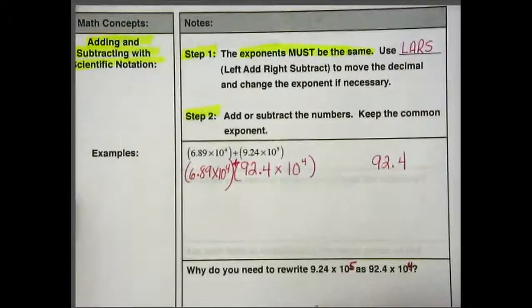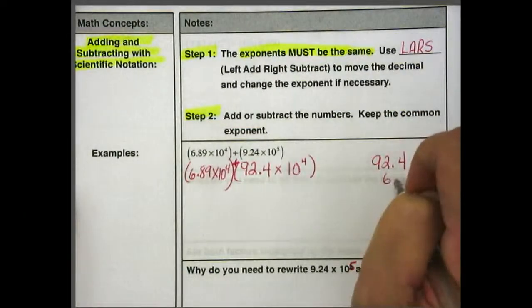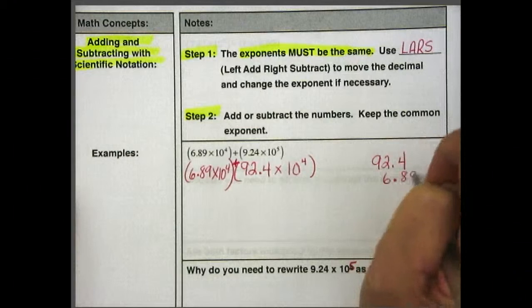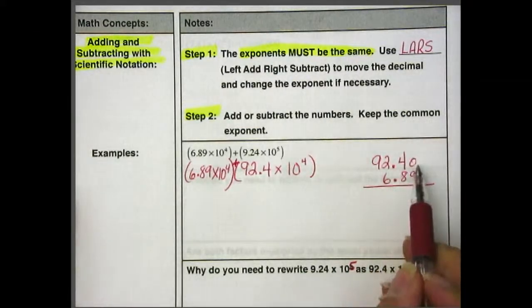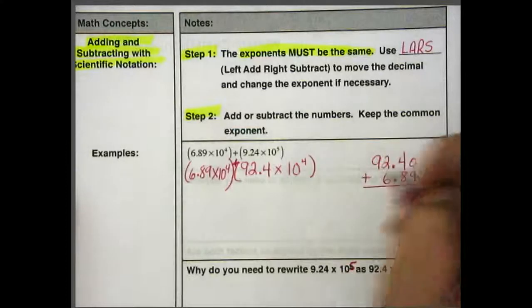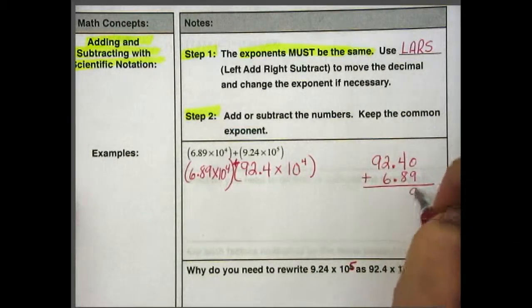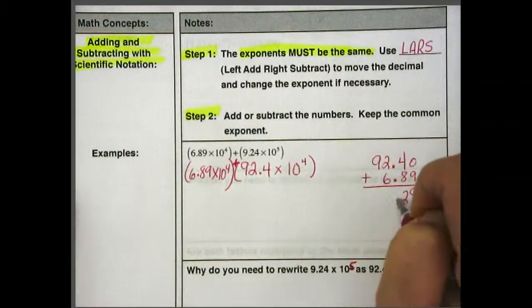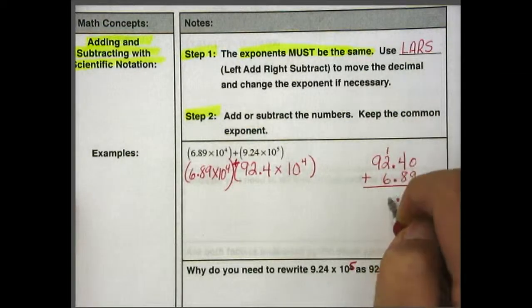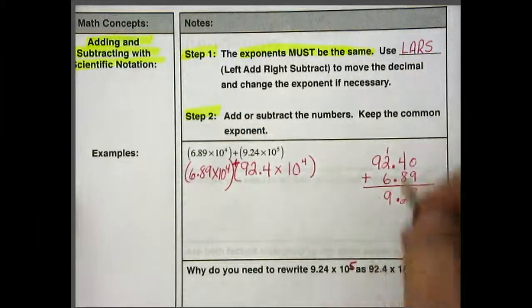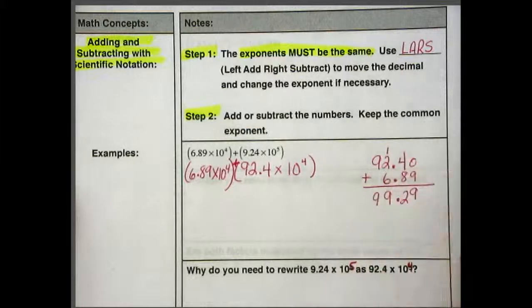So we have 92.4 and we're going to add 6.89. Here we can put a 0 because it doesn't mean anything, it's just a placeholder, and then add them. So 0 plus 9 is 9, 4 plus 8 is 12. Let's go ahead and bring our decimal point down. Carry the 1. 1 plus 2 is 3 plus 6 is 9. And then we have 9 here. So 99.29.